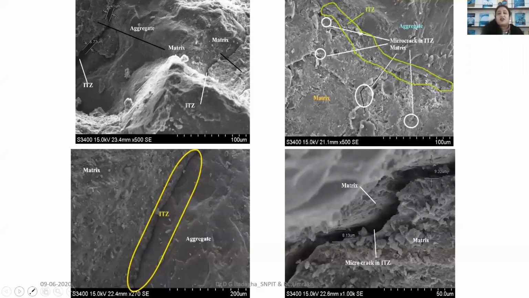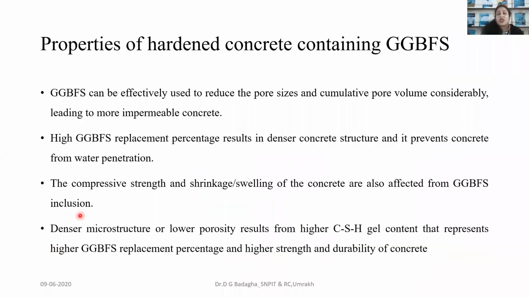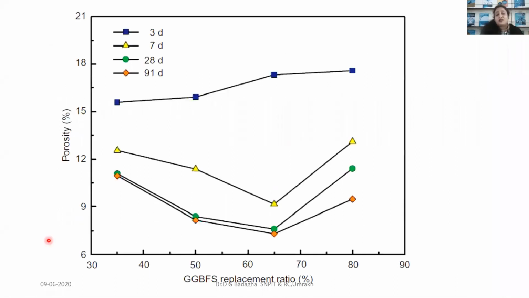Whatever I tried to convey through that PPT slide and images, I clearly mention over here, so one can easily read and understand. I am not going to read all the points, but whatever I discussed, that only I mention over here. But yes, that graph is important for you. You can see the GGBFS replacement, because whenever we are using any material for advanced concrete manufacturing, there will be a main concern of how much proportion we have to use.